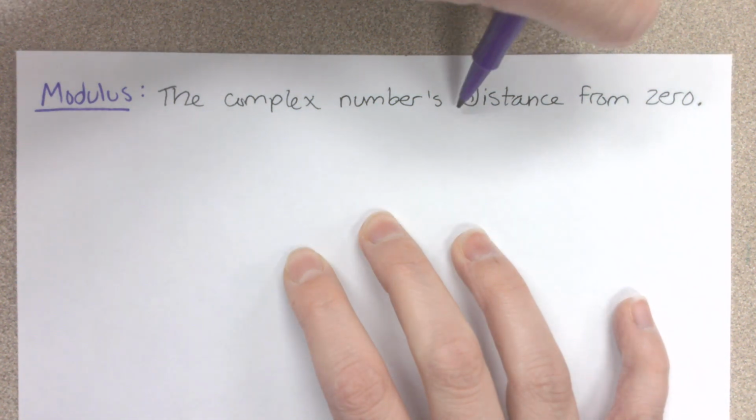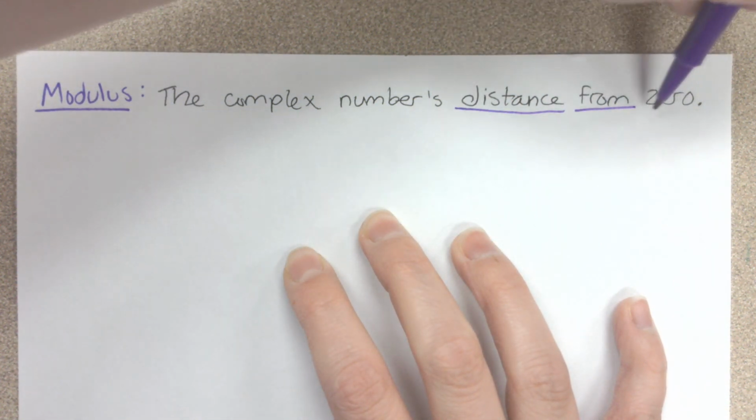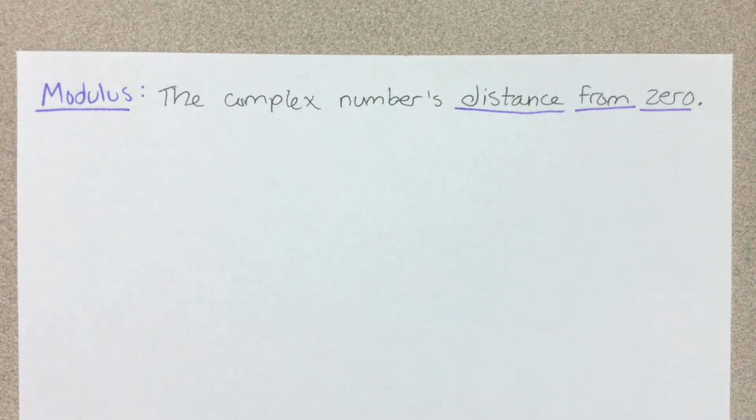Now those three words, distance from 0, are a signal to a different math concept that you learned a few years ago. It's actually quite familiar. A number, any number's distance from 0 is referred to as its absolute value.